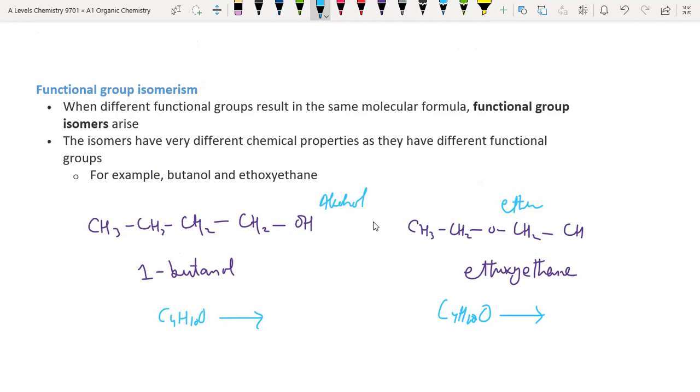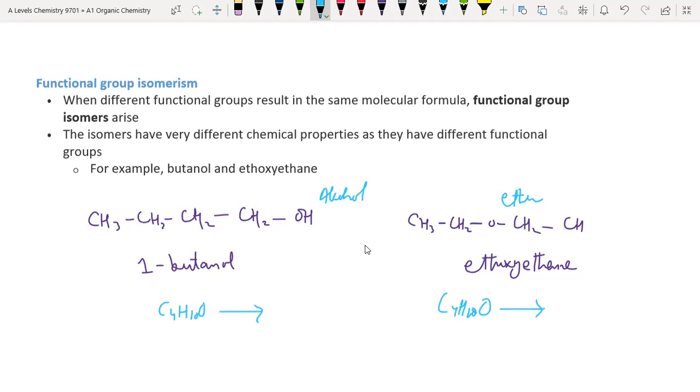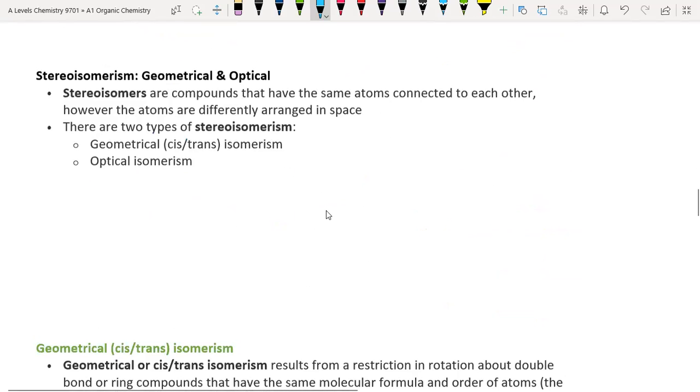This was the brief introduction of structural isomerism, in which we discussed chain isomerism, position isomerism, and functional group isomerism. Now we are going to move to stereoisomerism.